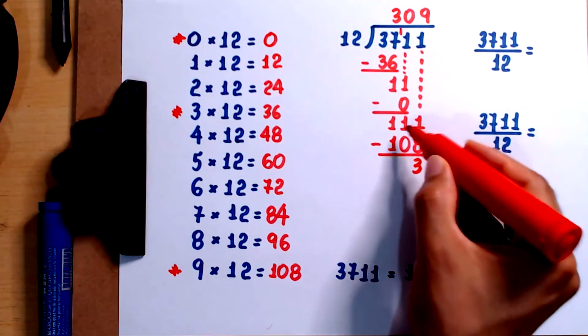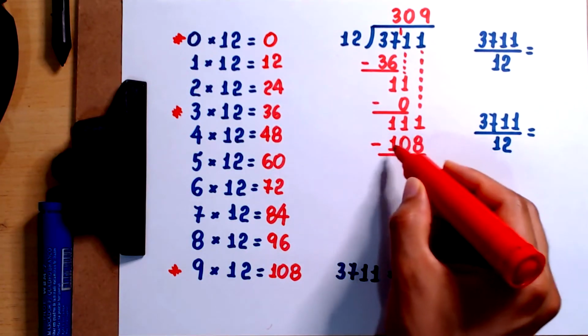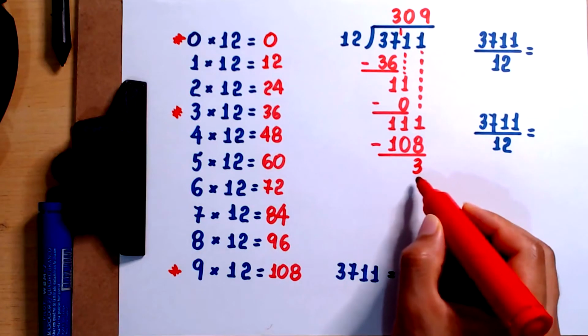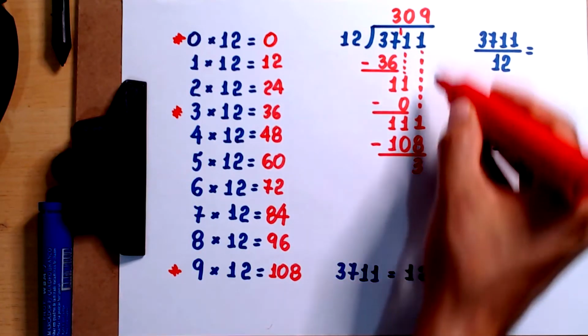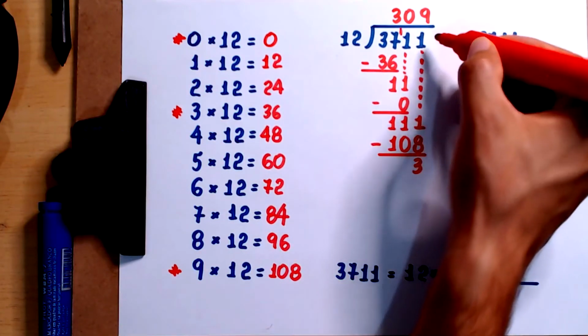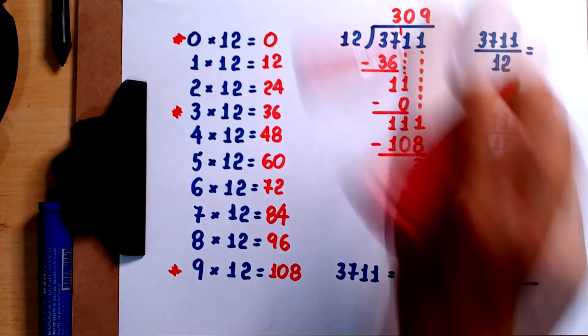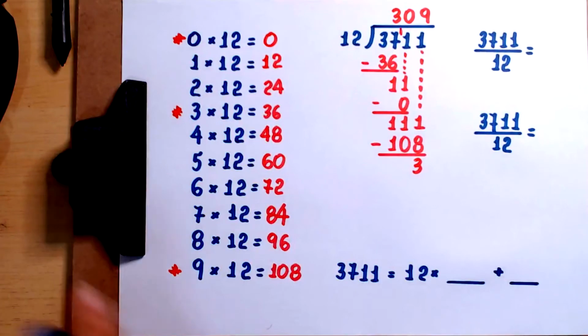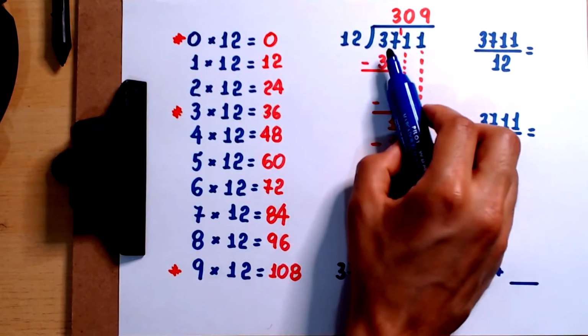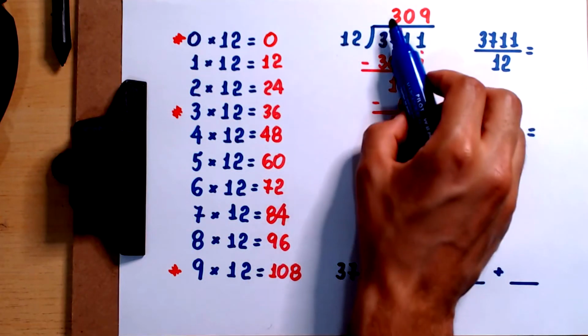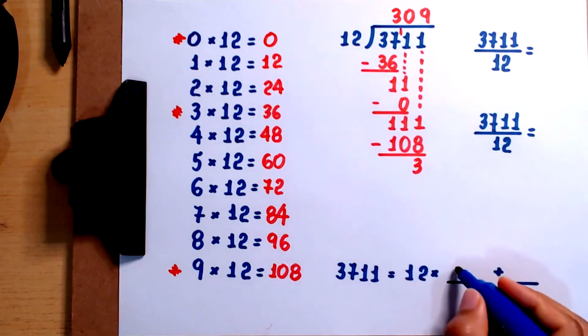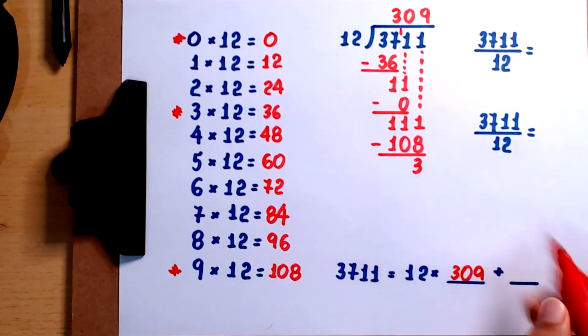I'm telling you that 111 minus 108 is 3. After a subtraction, we bring down the next digit. But there are no digits here that we can see to bring down. What does that mean? That means that the whole quotient when dividing 3711 by 12 is 309. And the remainder is 3.